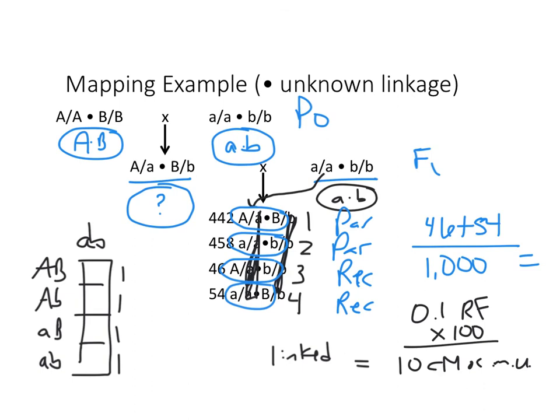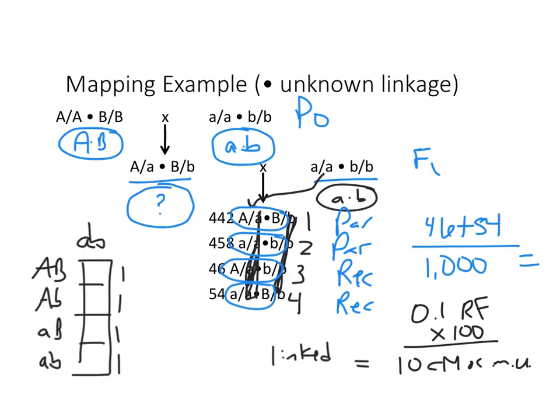Right, the vast majority of the F2s are parental types, not recombinants: non-recombining, closely linked genes. So when you see an excess of parental types, more parental types than you would expect by chance from a Punnett square, that's evidence of linkage. That will give you a small genetic map distance.